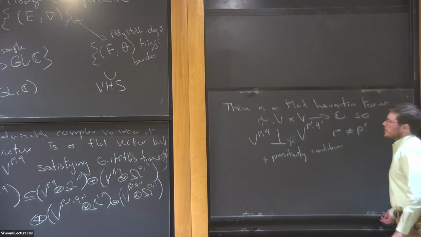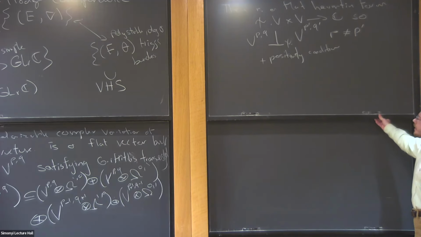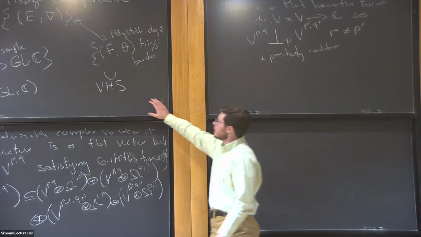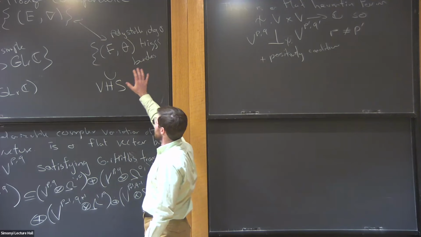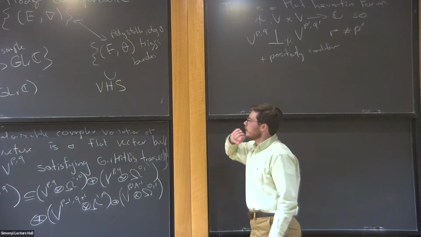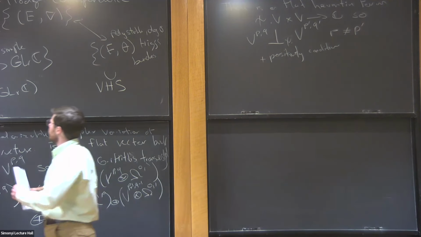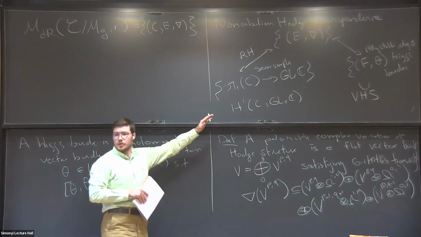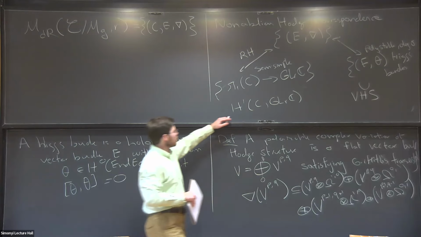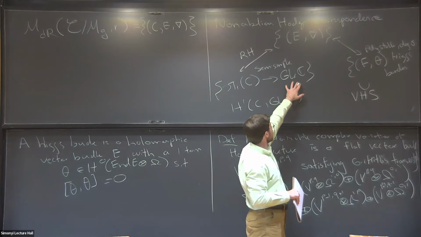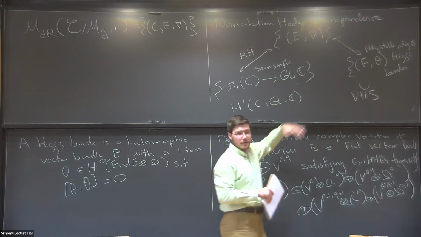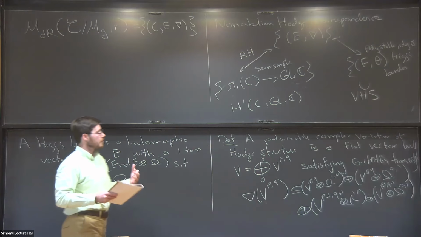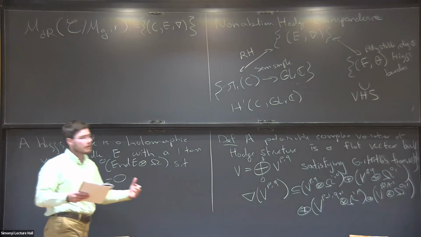So I mentioned that these variations of Hodge structure live naturally in this world of Higgs bundles. Also, in the world of representations of the fundamental group, there's a sort of distinguished class. These representations are valued in GL_r(C), but a distinguished class are those representations that are integer valued.